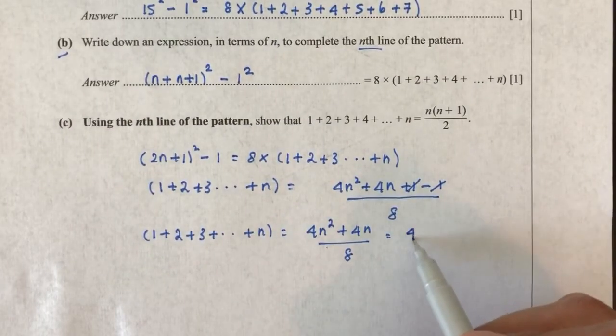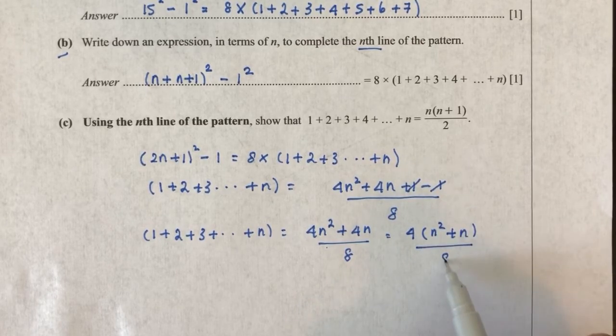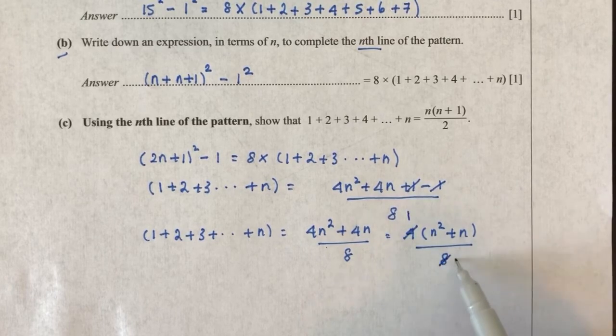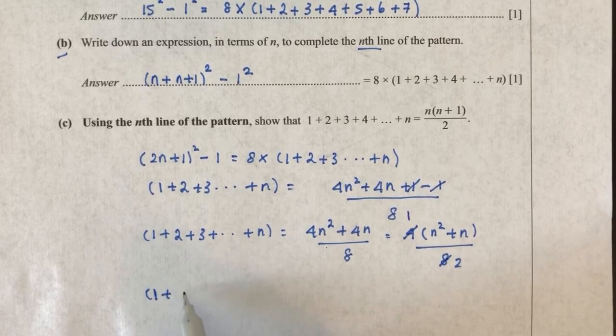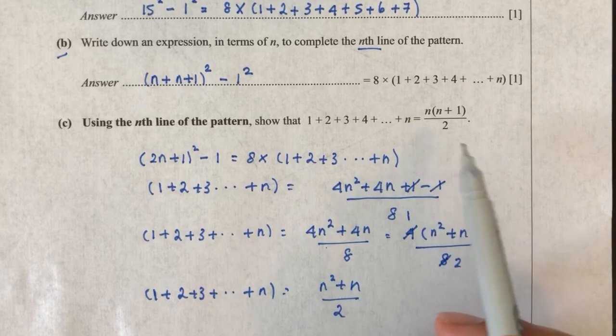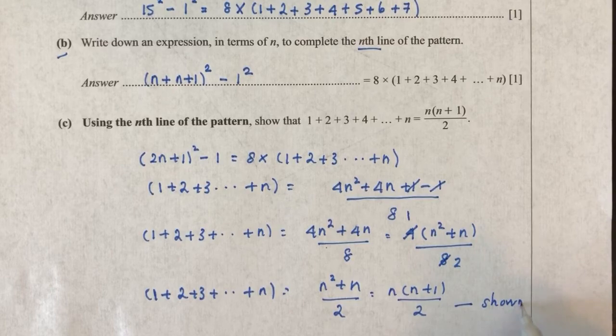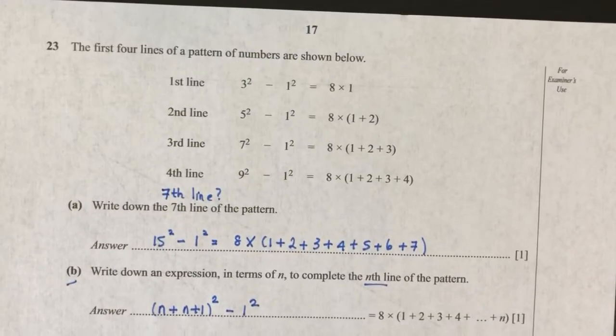So we have 4 outside, n squared plus n, divided by 8. 8 divided by 4, we have 2. So your answer is the same as n squared plus n divided by 2. And you factorize this as well. As you can see, they are requiring you to factorize n outside, so it becomes n times n plus 1 over 2, just like shown as required. And that is question number 23.